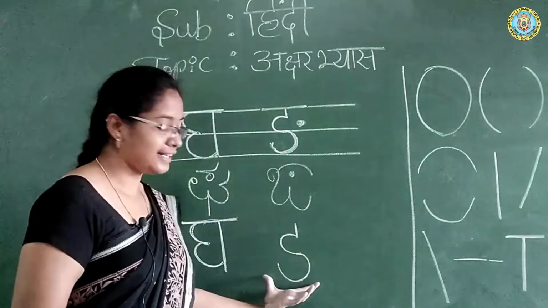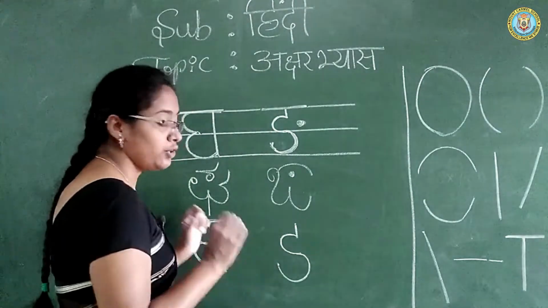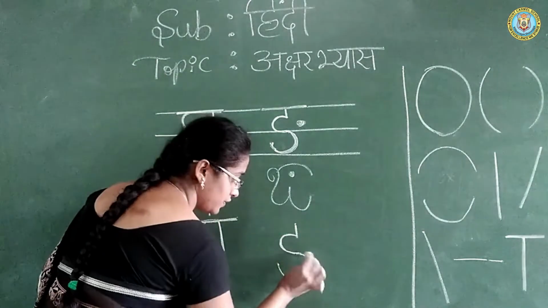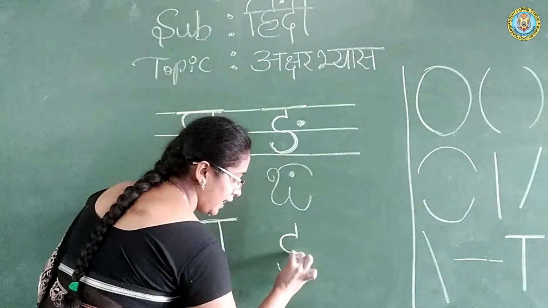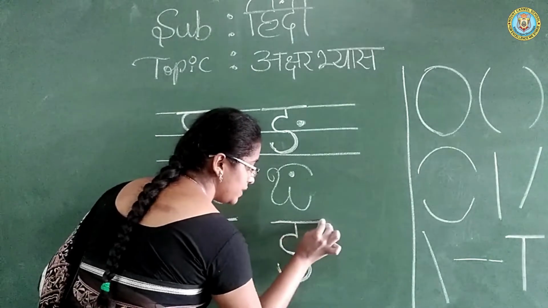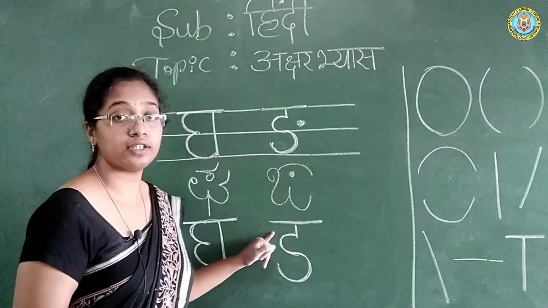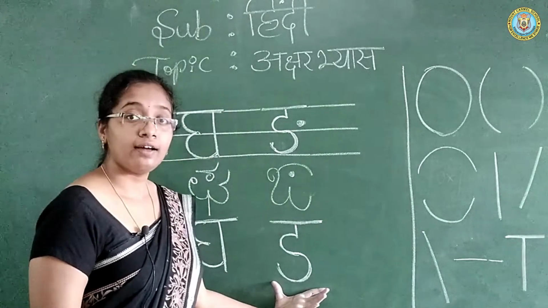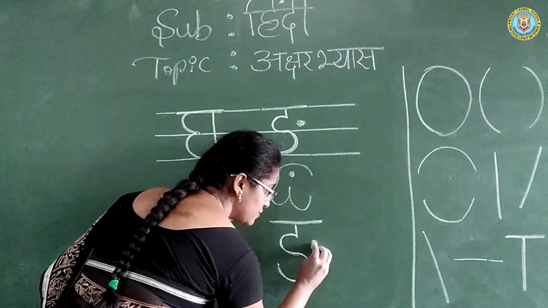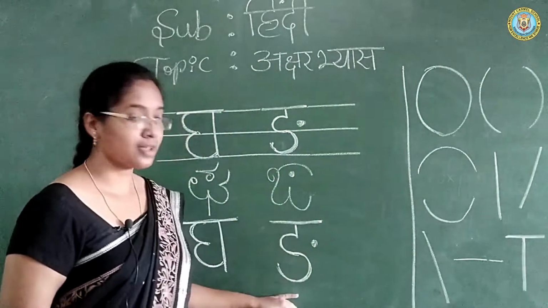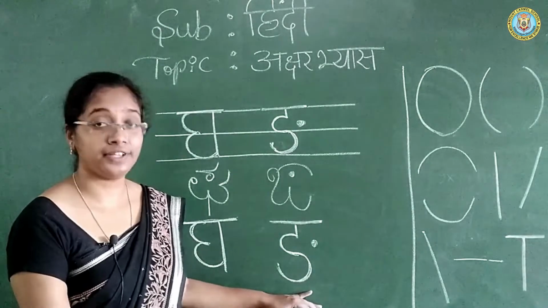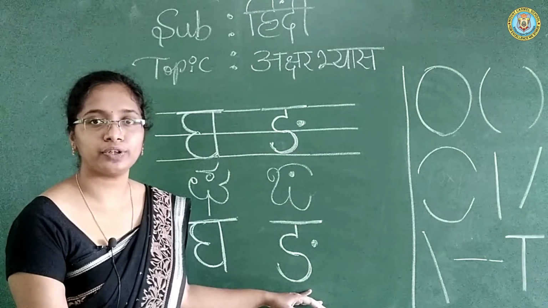You can write S also, or otherwise, as you are learners, you can write it with curves. Left curve and right curve, and a sleeping stroke at the top to hold this varna, and beside this varna put one small dot. Then it becomes nya. I hope all of you have written this in your notebook.